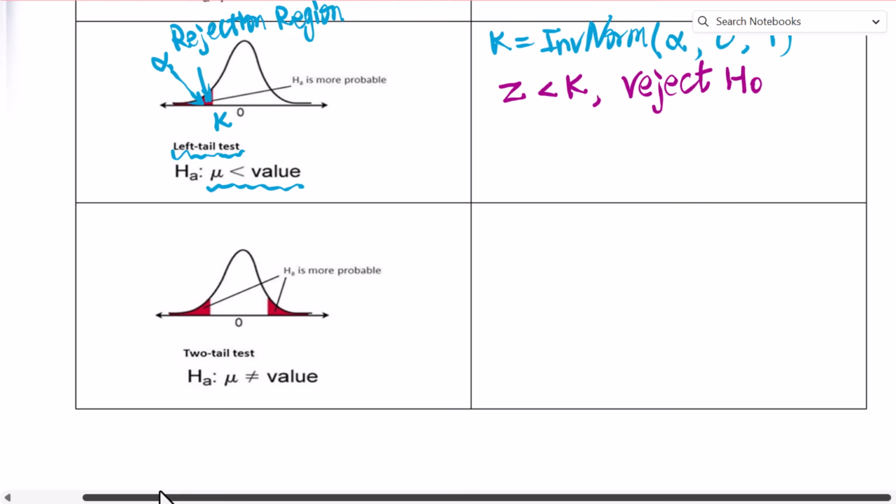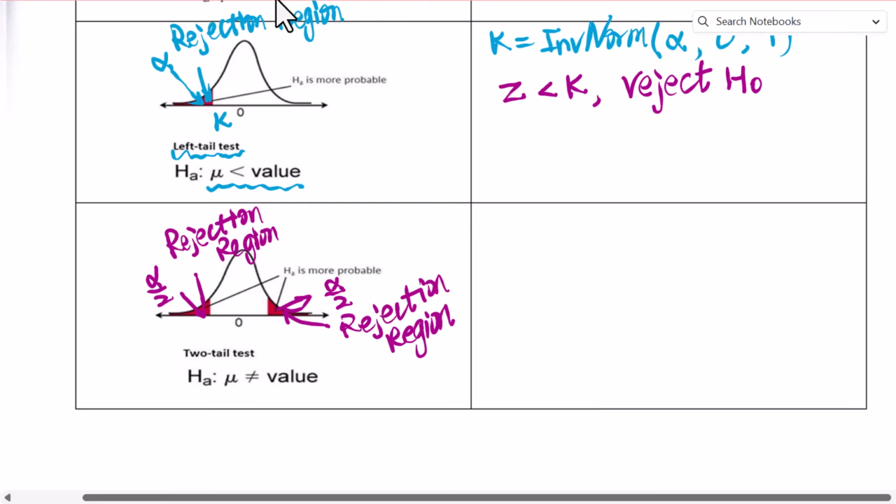When we have a two-tail test, this area will be alpha over 2. This area will be alpha over 2. This area is a rejection region. This area is a rejection region.